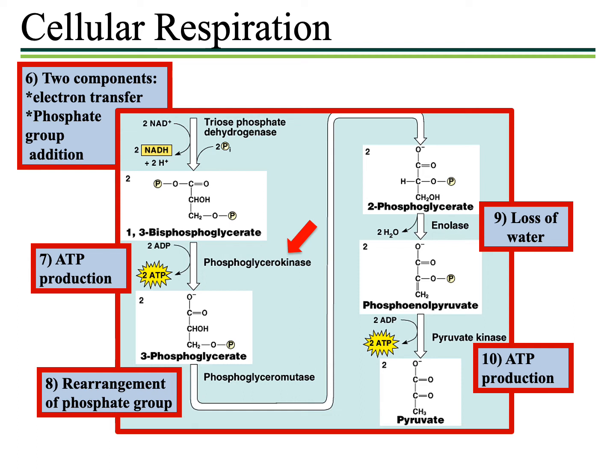Kinases, again, transfer the phosphate group from ATP to a substrate. Hence, ATP is required at that particular stage overall. You also see pyruvate kinase, again, one of those steps where a phosphate group is utilized or taken from ATP overall.